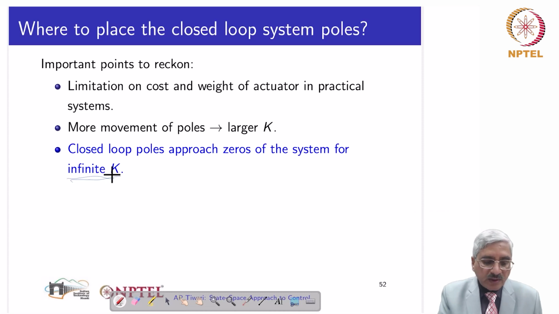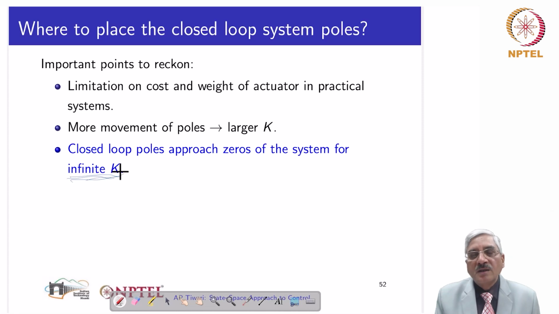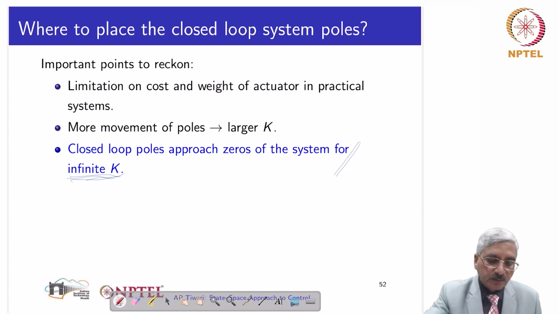And to reach the zero, we literally need infinite k. What does it mean? Increasing k may not actually shift the poles, because poles will go only up to zeros. So we have to keep this point in mind when selecting the closed loop pole locations or coefficients of the characteristic equation.